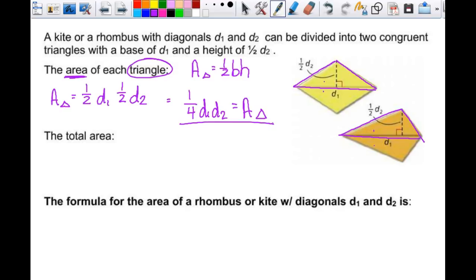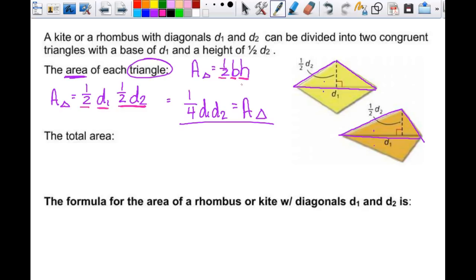Everybody understand where that comes from? Yes? Okay, but can you explain that again? So you basically put the 1/2 on base and height. I just substituted what I had. Okay. So that's the area of the triangle.